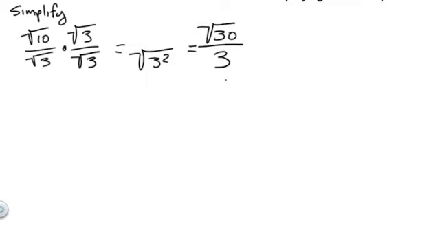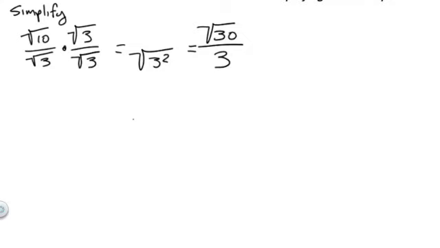So this looks like it could be our answer, but there's one more step in order to make sure that this is completely simplified. We need to make sure that the prime factorization of the radicand, in this case 30, does not have the same prime numbers that repeat, because if it does, then we can bring them outside of the radical sign.